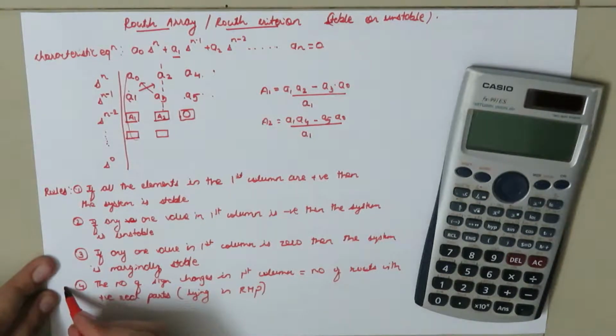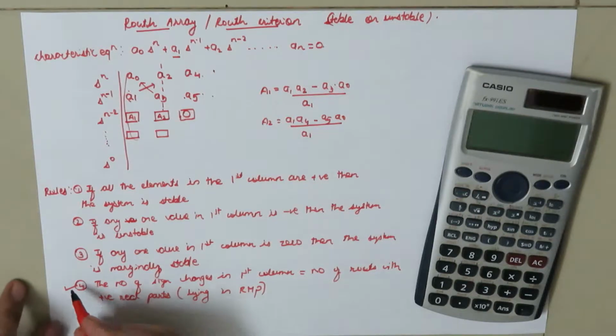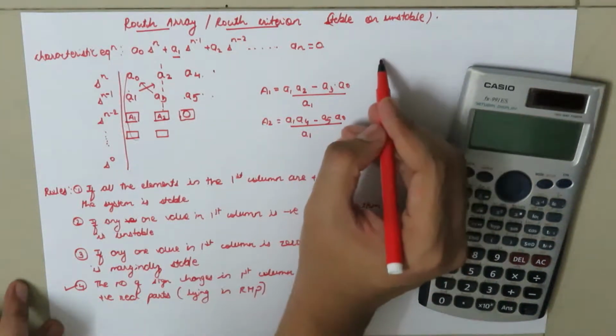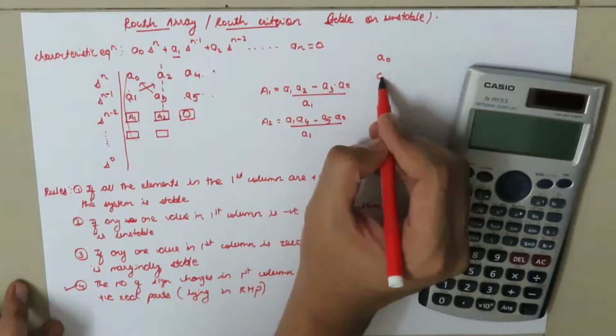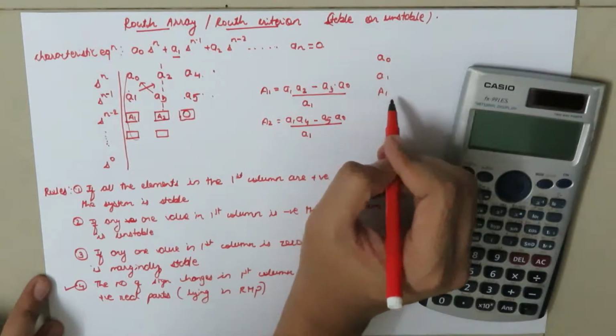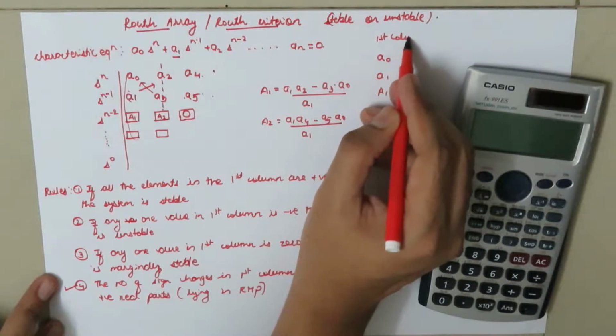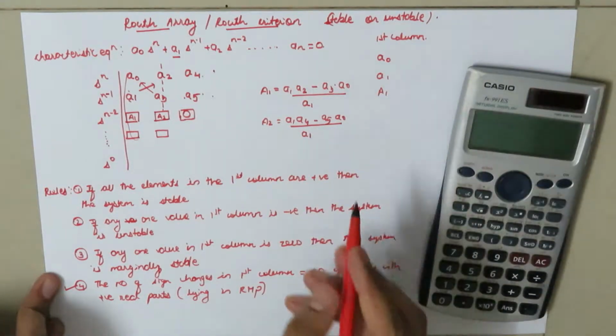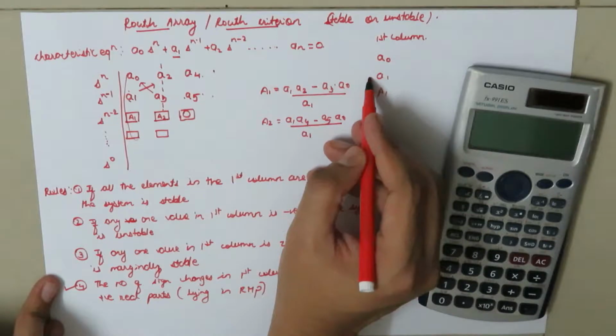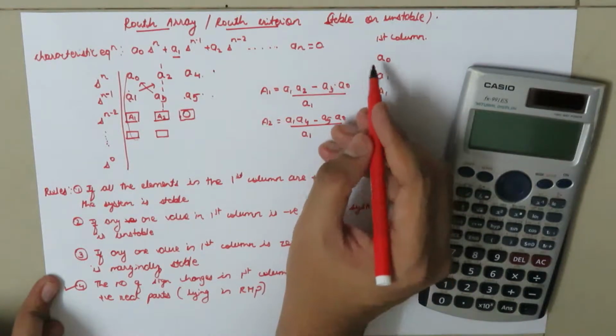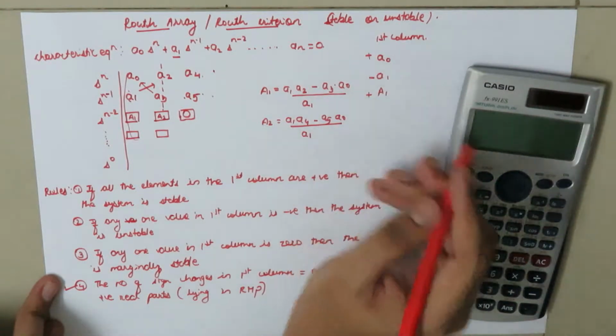Now in order to understand rule number 4, suppose we got elements A0, A1, and this is capital A1, so these are the elements of the first column. Now suppose we got negative A1 in the first column, and this is positive and this is positive.